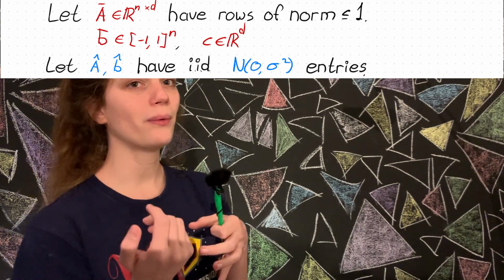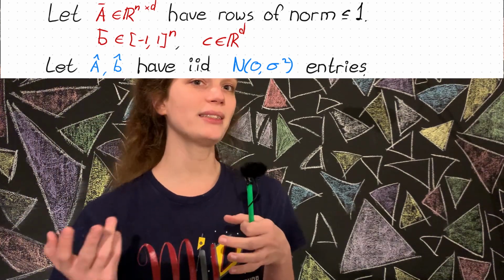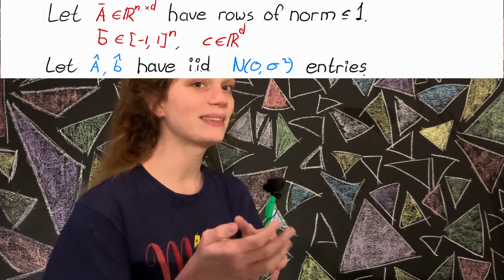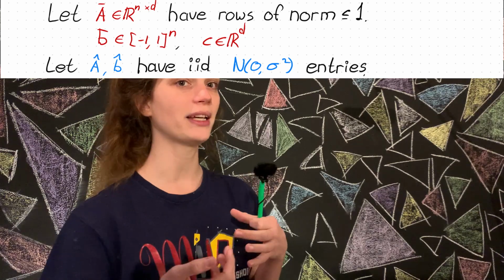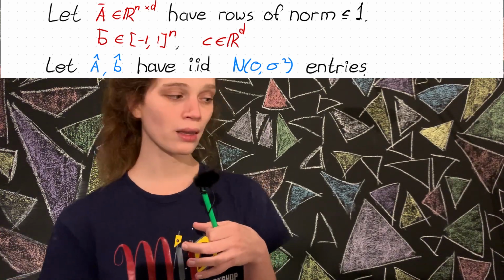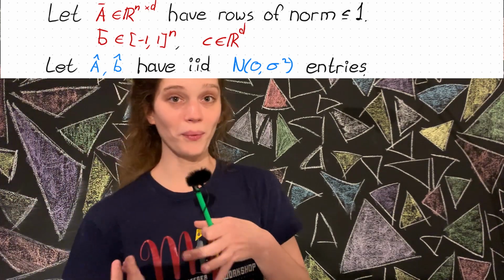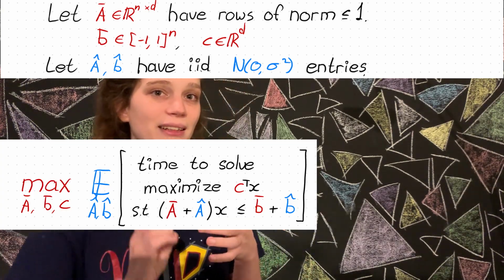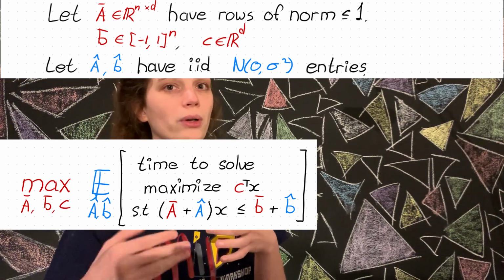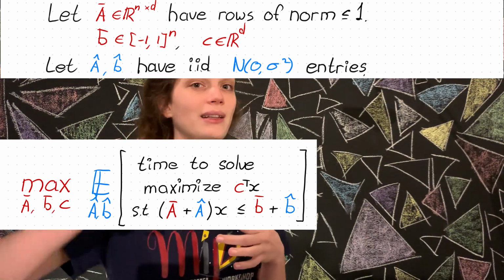And so we can assume that our measurement errors are independent and Gaussian distributed, each of them having standard deviation equal to sigma. So now what we do is that we consider the expected number of pivot steps required to solve the perturbed linear program.